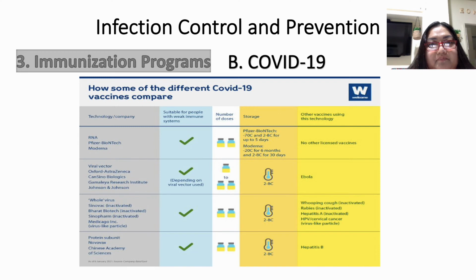COVID-19. Are you vaccinated against it? So we have several COVID-19 vaccines available in the country. Unang-una yung Sinovac, nagkaroon ng AstraZeneca, Pfizer, Moderna, among others. No? Some of the COVID-19 vaccines differ.